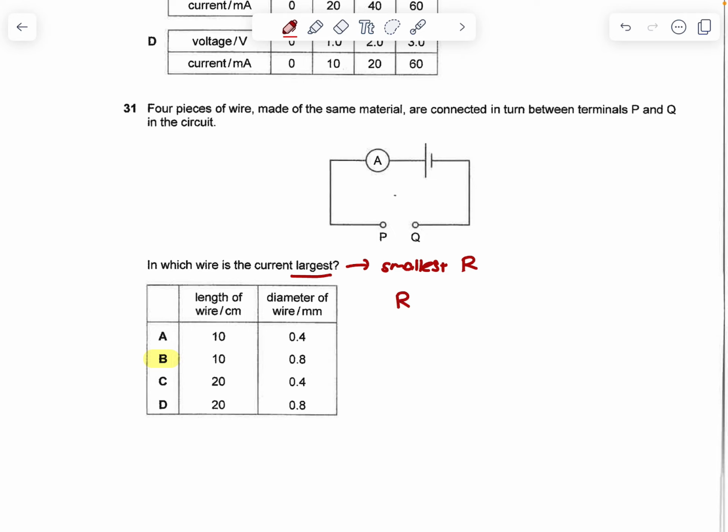And since you're talking about wires, R equals rho L over A. For a small R, you want a short wire, but a thick wire. So the diameter or the area should increase.